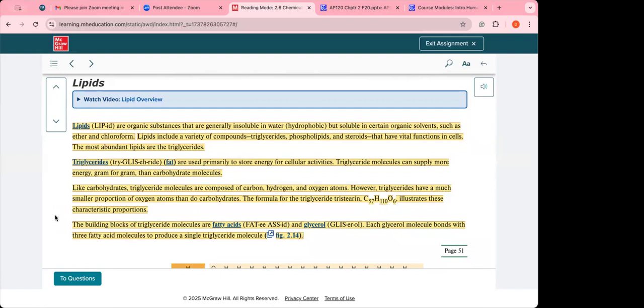triglyceride. So the way you get a triglyceride is you build a molecule with 3 fatty acids and glycerol.